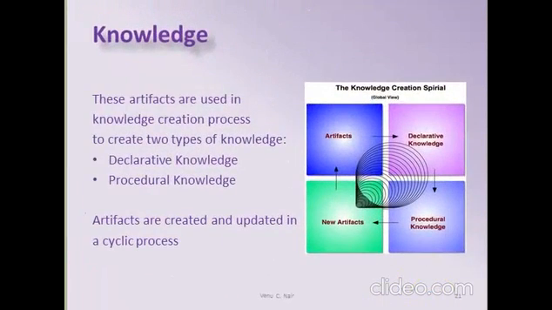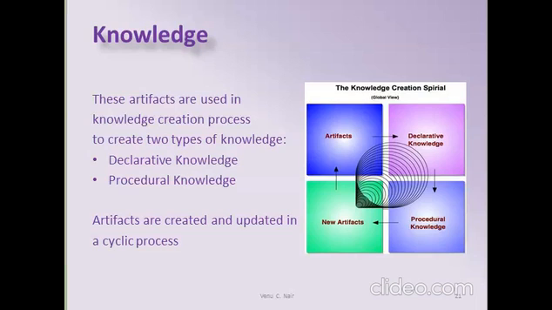We have seen in earlier classes, when we were discussing the definition of AI, that the artifacts are used in the knowledge creation process to create 2 types of knowledge. We have seen these 2 types of knowledge as declarative knowledge and procedural knowledge. So these artifacts are used in the creation of these 2 types of knowledge.